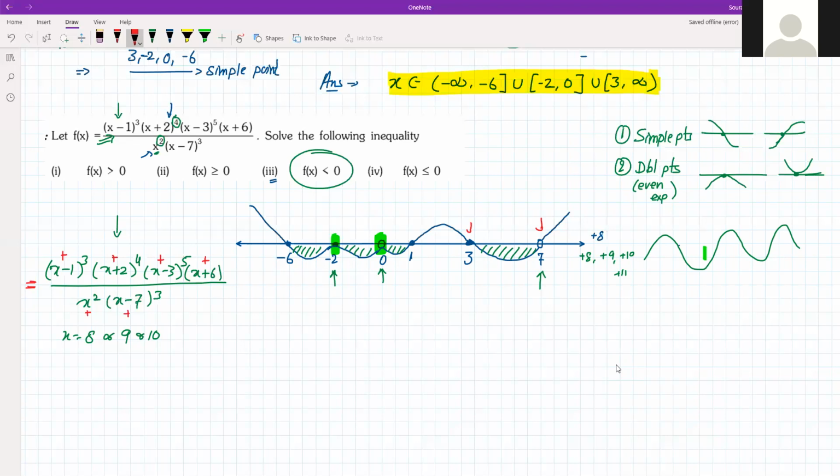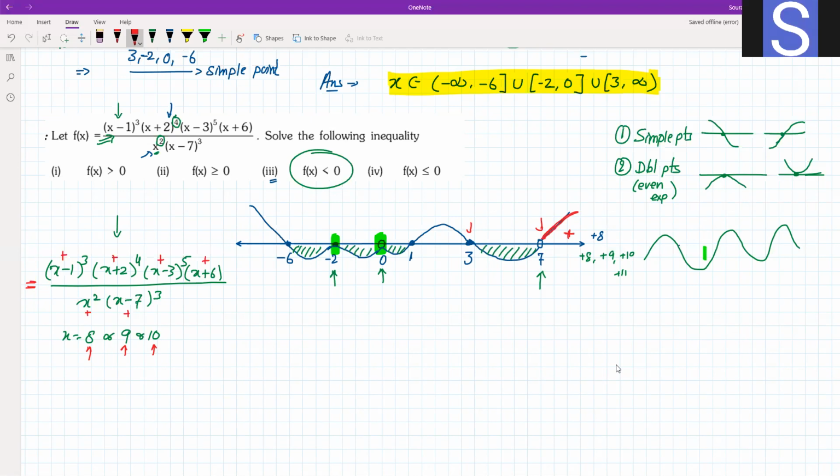So all are positive. That means for 8 it is positive. Same way for 9 and for 10 it will be positive. That means beyond 7, on the right-hand side of 7, it has to be positive. That means the curve should start on the positive side, with positive value. Is it clear now?